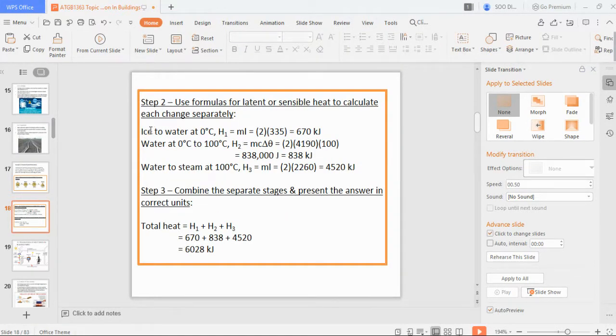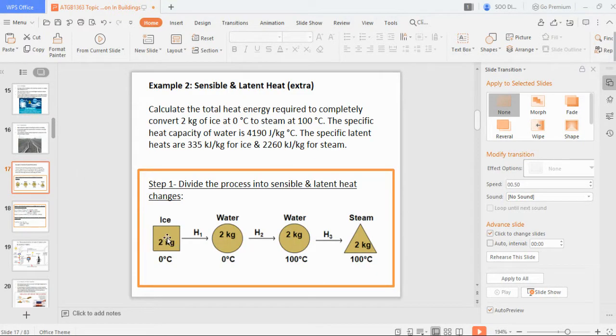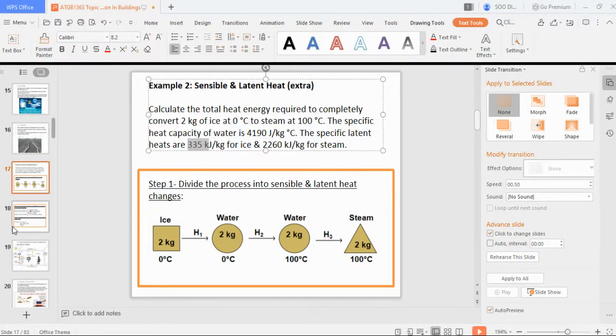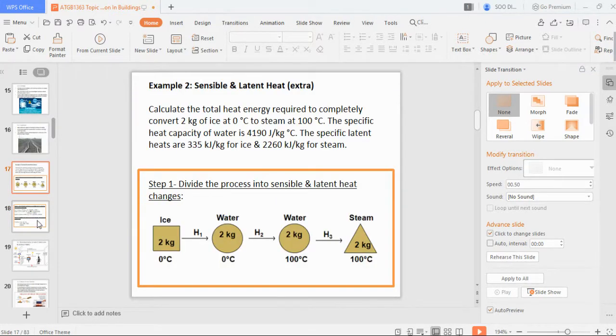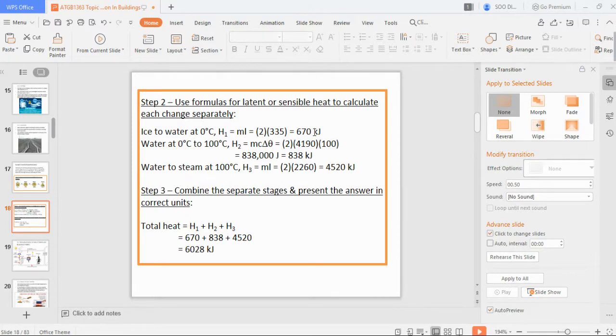So for ice to change state to water, which is 335, you just put it into the formula. You use H equals ml, which is the mass multiplied by the latent heat. So you get 670.